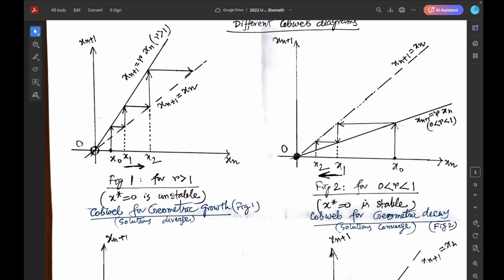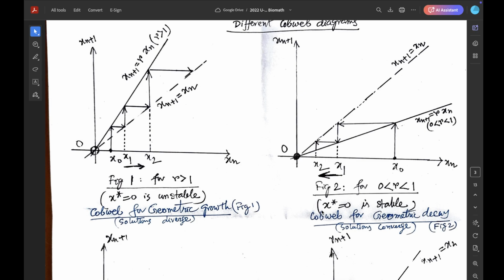Say we choose r equal to 0.5, so y equal to 0.5x is the reproduction curve. Choose x0, draw vertically upward to this point, and then horizontally to the diagonal line. Next draw to the reproduction curve and so on, giving x1, x2, and in this way the iterates move closer to the steady state.